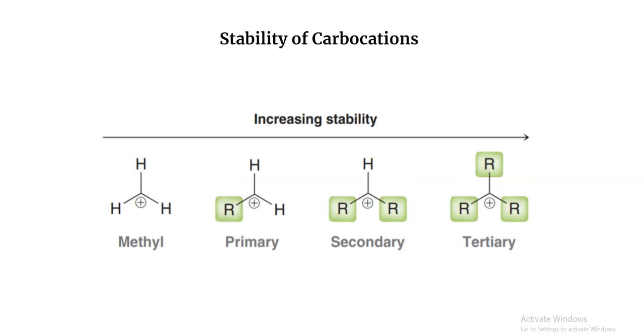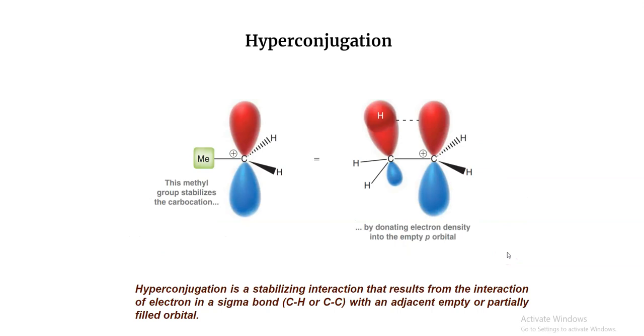And we know the stability of carbocation varies this way. The methyl carbocation is the least stable, and the tertiary carbocation is the most stable. So what factors come into play while we talk about the stability of carbocation?